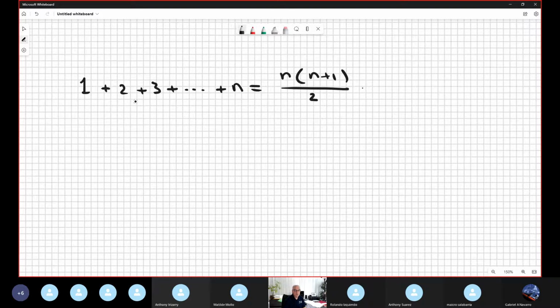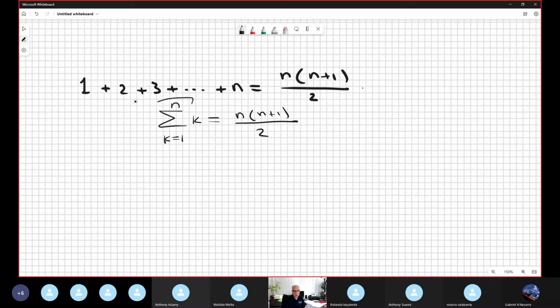Okay, suppose I apply summation notation: the sum for k equal 1 to n of k is equal to n times n plus 1 divided by 2. Remember that I explained this, but I didn't explain where it comes from, no? Because this is the moment to prove that.